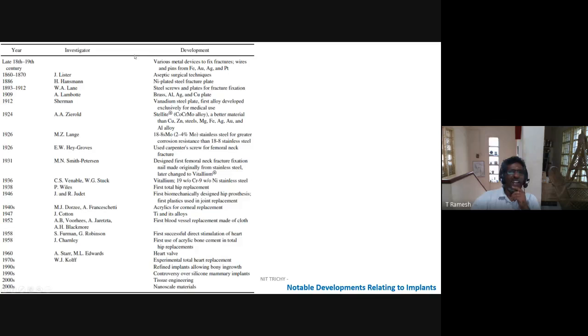Various metal devices to fix fractures, wires and pins made from iron, gold, and other metals were already used in the 18th and 19th century. These are the developments relating to implants.